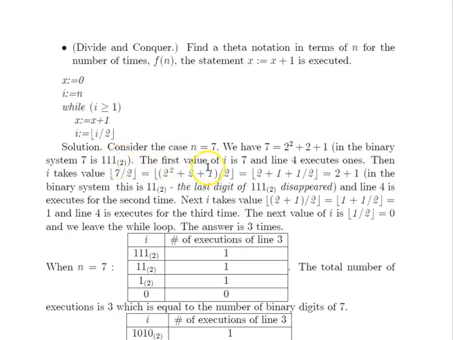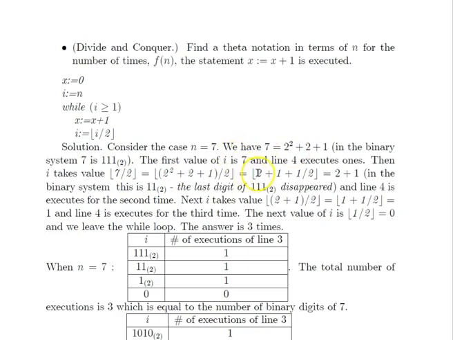The first value of i is 7, and this line is executed once. Then i takes value the floor of 7 divided by 2. But 7 is written this way.